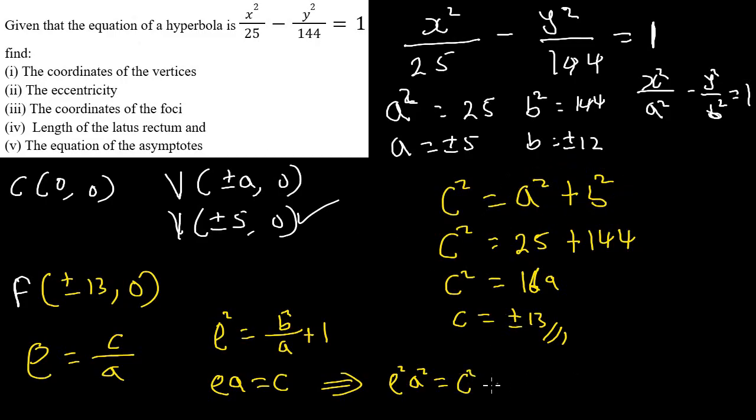This implies e squared a squared equals a squared plus b squared. Now we divide through by a squared, and e squared becomes a squared over a squared plus b squared over a squared.